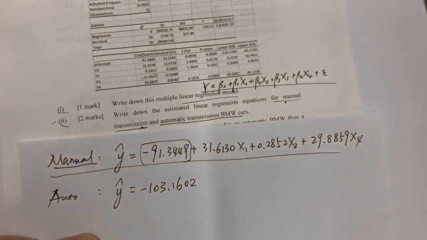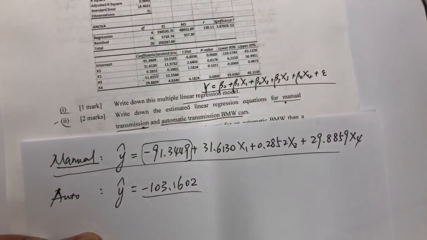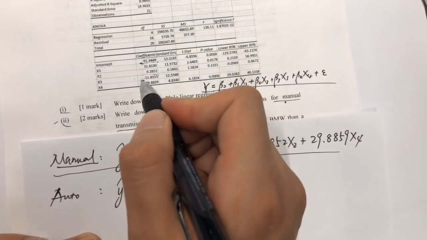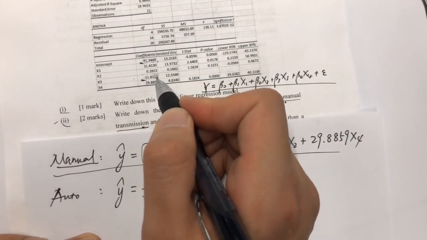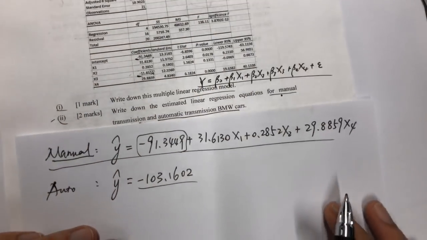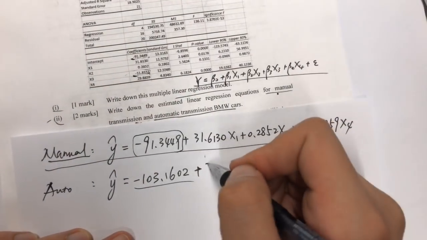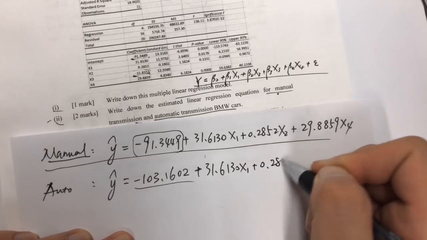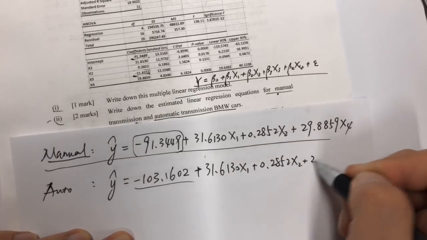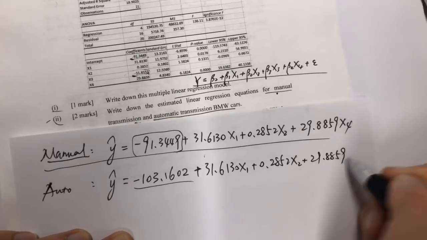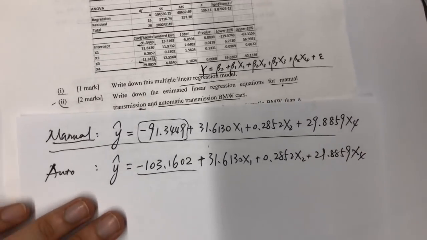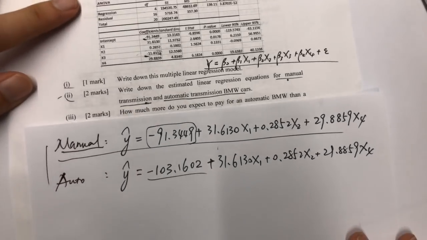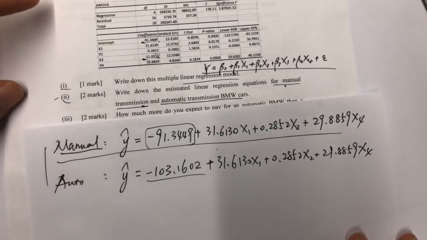So the intercept term becomes minus 103.1602. If we add the intercept and when x3 equals 1, it's minus 11.8153, right? And then plus the same thing, 31.6130 x1 plus 0.2852 x2 plus 29.8859 x4. Okay, so those are the two estimated linear regression equations for those two types of costs.